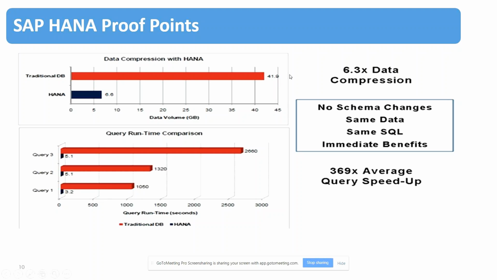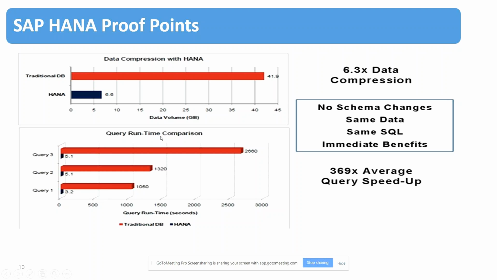When we replicate the same data into SAP HANA, it moved to 6.6 gigabytes without losing the actual content of the data. So with HANA we can also go for data compression. The traditional database takes a very large amount of space to store the same tables, but HANA took very little memory. This is one kind of proof point with respect to data compression with SAP HANA.